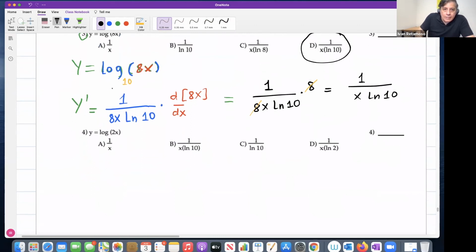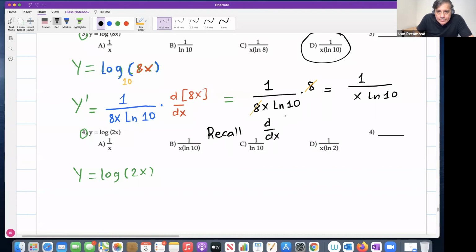Can you try this one, number 4? Practice, guys. Questions like this probably will come out in your exam number 2. Some of them will be short, but you have to know what to do, right? And in case you didn't memorize the formula for the derivative of log base b, not necessarily base e, the formula is this.